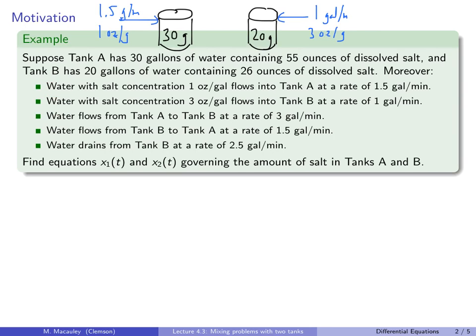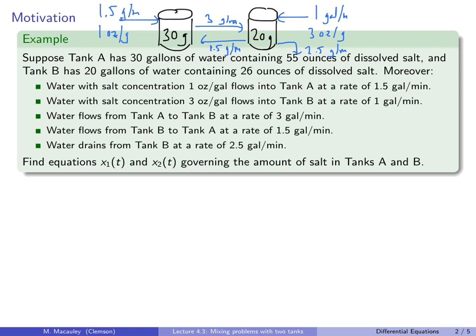Water flows from tank A to tank B at a rate of 3 gallons per minute. And it flows the other direction. That's supposed to be an M. Flows the other direction at a rate of 1.5 gallons per minute. And then water drains from the tank at a rate of 2.5 gallons per minute.